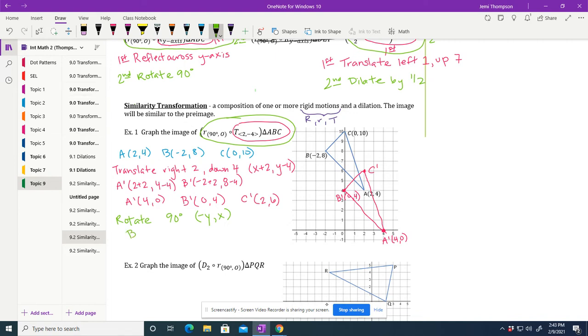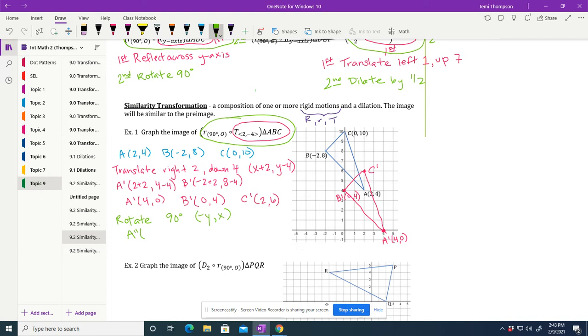So I prefer to not do these ones visually. I like to look at my coordinate to do this. Visually, I would need to draw a line from A prime to the origin and then draw something with a 90-degree angle, which is totally doable on paper, a little bit harder. I mean, it's not that hard. I guess you could make a square, but again, it's a little bit funkier digitally.